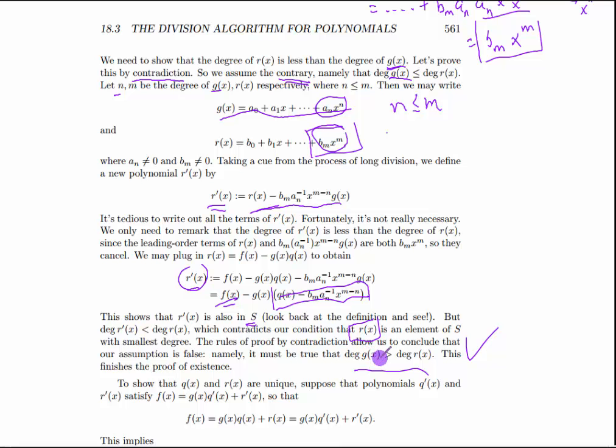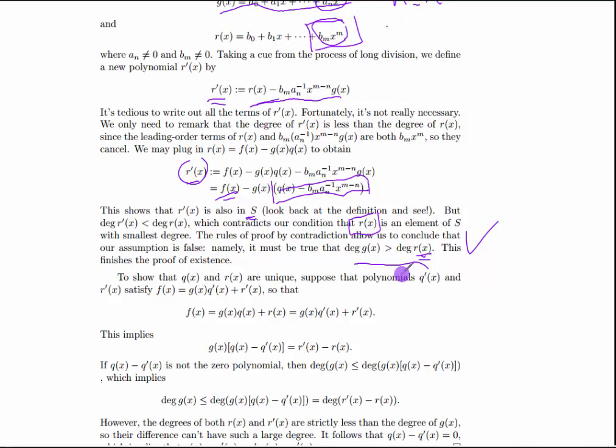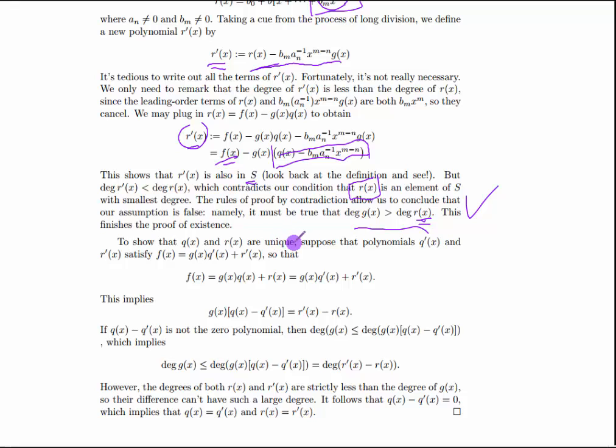Not done yet. We want to show that this r is unique. Just like when you divide integers, the remainder is unique. All right, so let's see how that works. In order to show that it's unique, well, suppose that there's two different ways of expressing f. And both of these are remainders, and both of these are quotients.